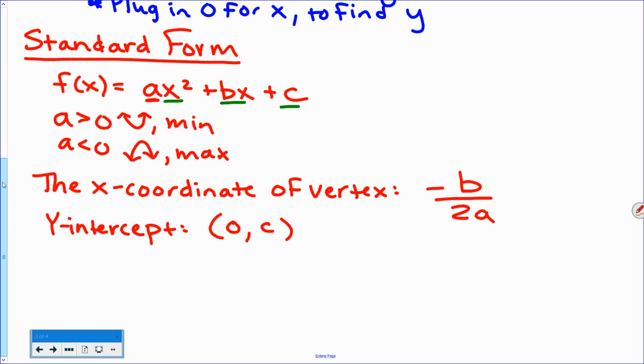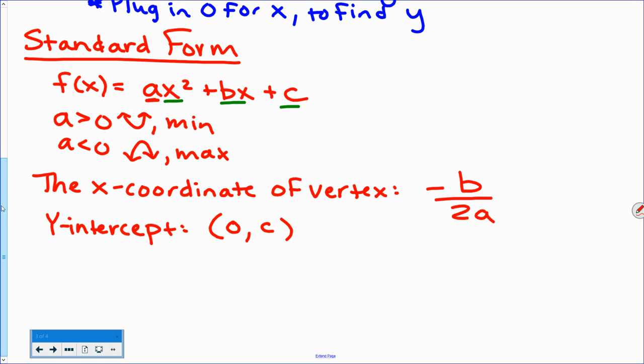So whatever your c value is, that's going to be your y-intercept. That's going to come in handy when we have to graph our points. In Math Excel, it's going to ask you to graph that vertex. So we'll have to use that negative b over 2a to come up with that. And then we could use the y-intercept pretty quickly to find another point.